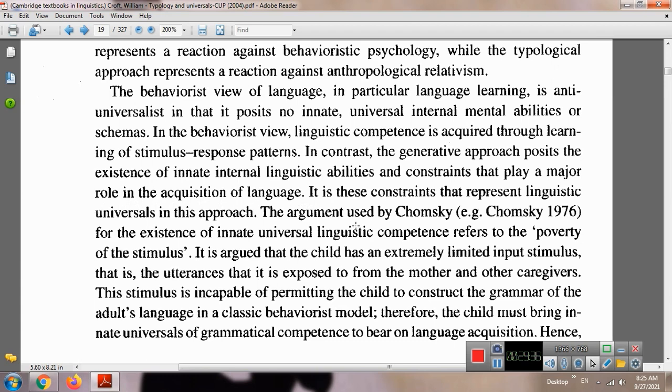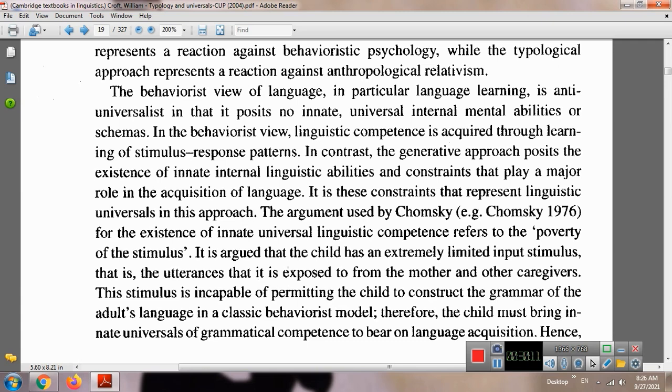The argument used by Chomsky for the existence of innate universal linguistic competence refers to the poverty of the stimulus. You know about that, you read about that in syntax maybe. Linguists agreed that the child has an extremely limited input stimulus, that is, the utterances that it is exposed to from the mother and the other caregivers.